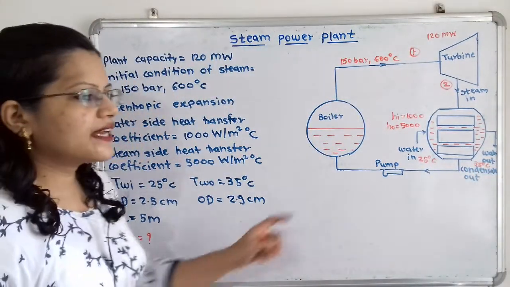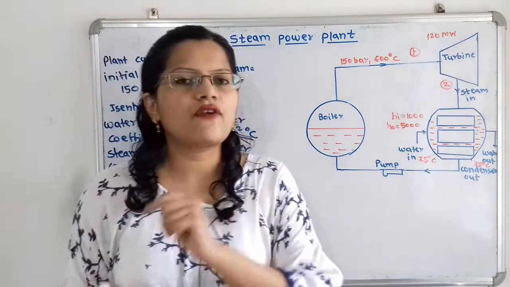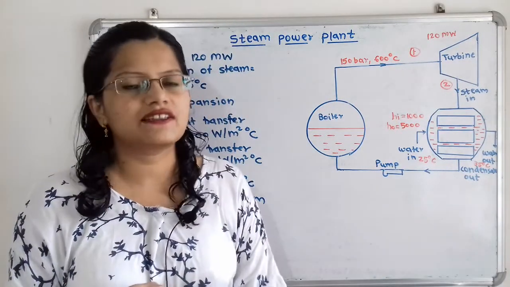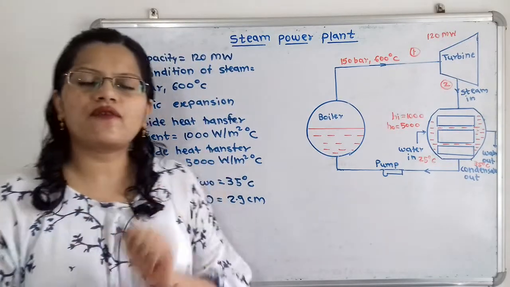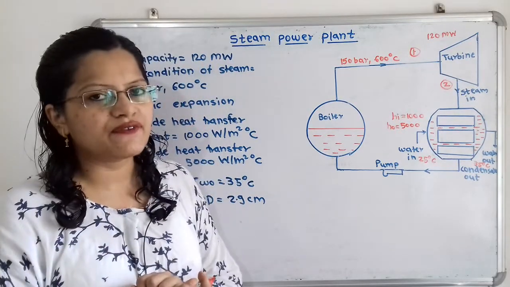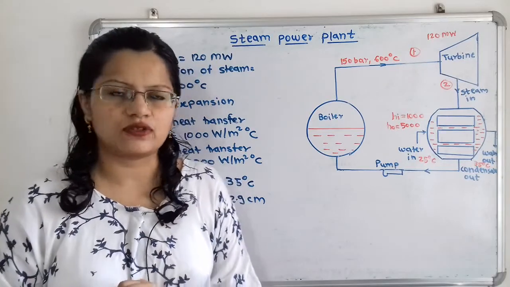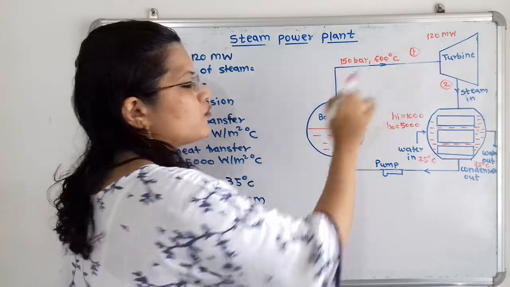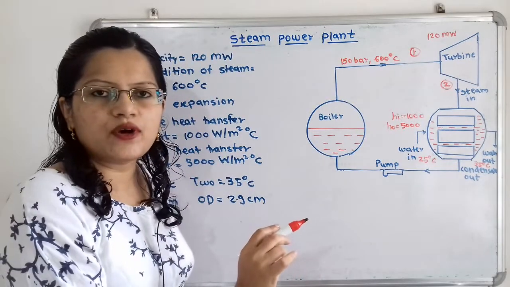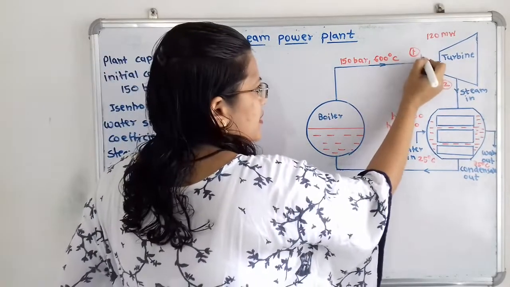Now the condensate coming out is in the form of saturated water, and this is also mentioned in the question. Now, how do we find the enthalpies at different points? At point 1, as per these conditions, we have to find the enthalpy at point 1, that is h1.